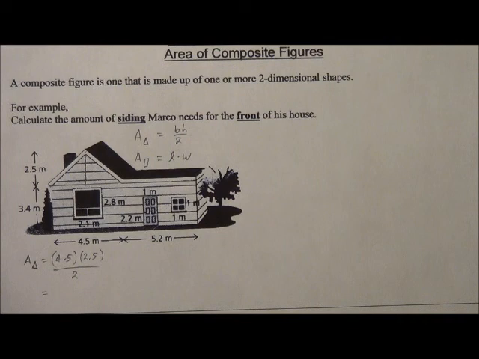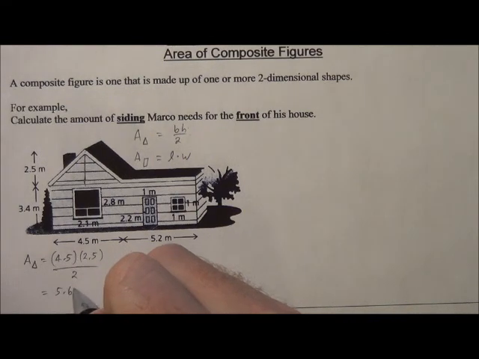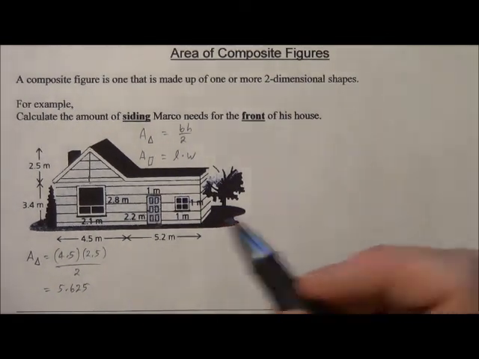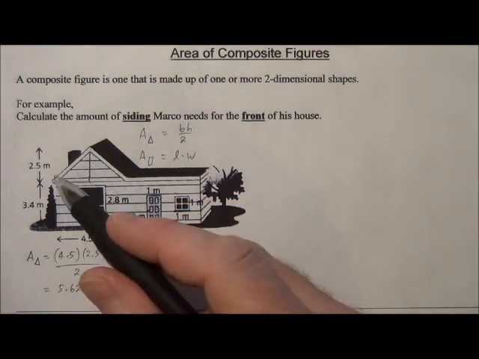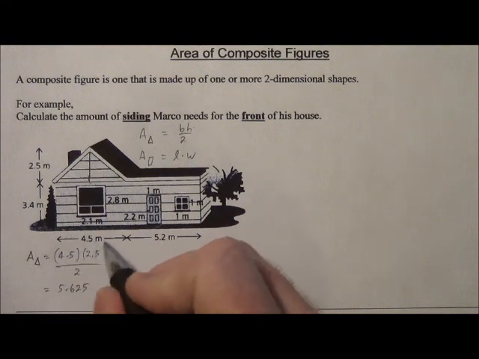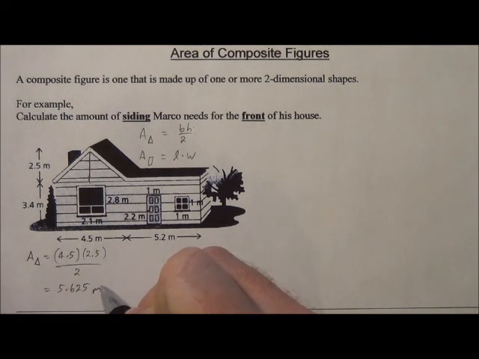So I'll do some calculating here. So 4.5 times 2.5 divided by 2, that's going to be 5.625. I'm just going to leave all of that for now, because we'll round it a little bit later on. And we know the units are meters, so those are the linear units, and so the square units for area are meters squared.